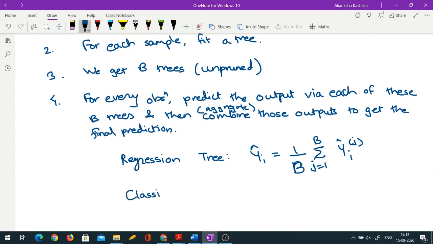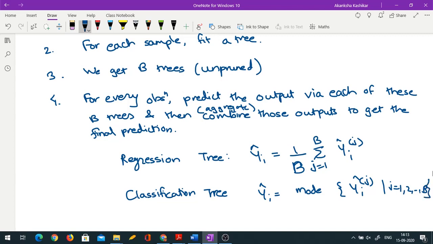For a classification tree, of course, we can't take the average. So what we do is we go for the mode. For a classification tree, yi hat would be the mode of yi hat j, where j goes from 1 up to B. You take the prediction from each tree and you take the mode of those predictions.